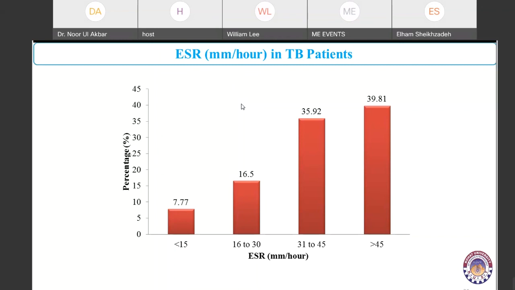If the ESR level is less than 15 or 16 to 30, it is possible that the IL-12 receptor beta-1 or other genes or mutations may not be present, because the ESR level is not greater than 45.